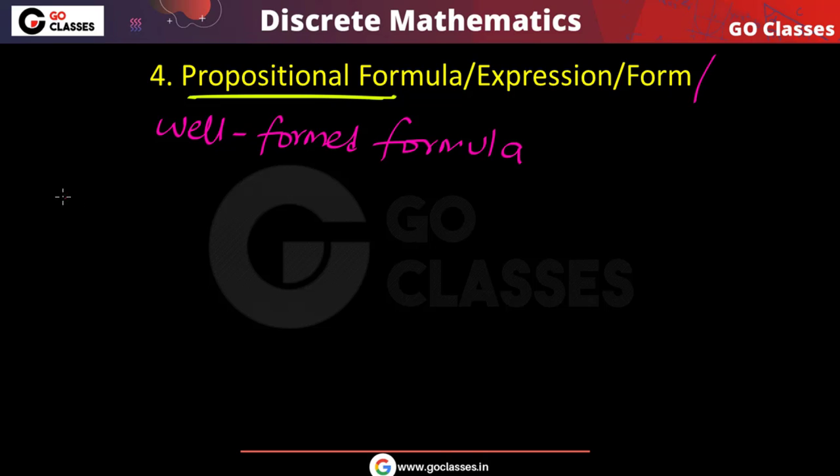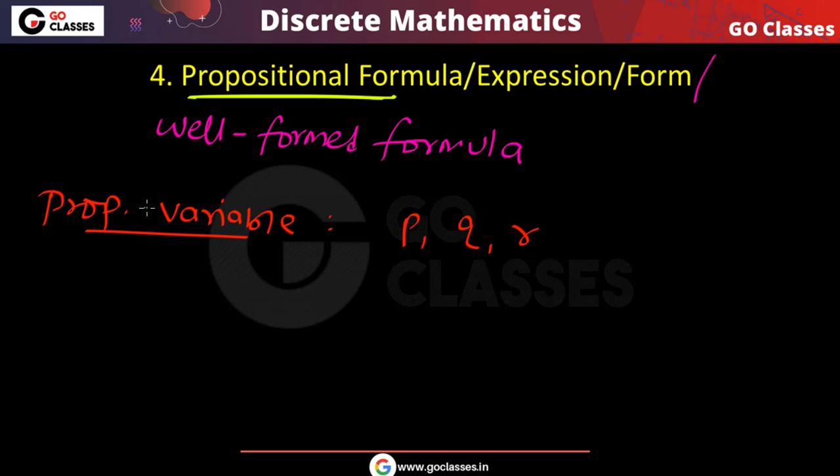For example, let's assume you have propositional variables P, Q, R. Remember, propositional variables represent atomic propositions. So each of these represents an atomic proposition, and atomic propositions are either true or false by themselves.